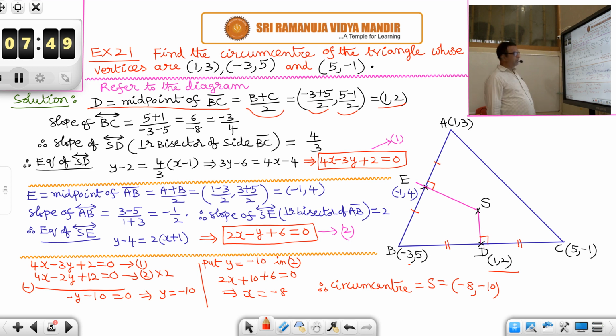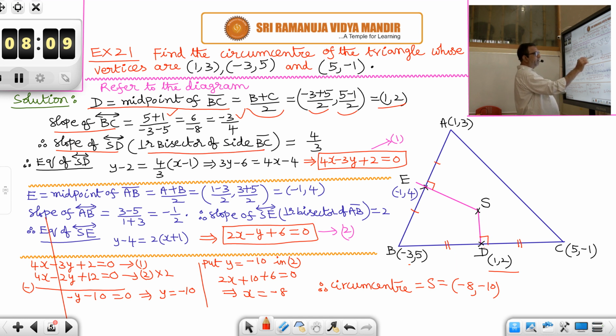Then let us find the slope of BC first, because our perpendicular bisector SD is perpendicular to BC. The slope of BC, difference of y coordinates by difference of x coordinates, is minus 3 by 4. So the slope of SD, the perpendicular bisector of the side BC, must be 4 by 3, because minus 3 by 4 and 4 by 3 have product minus 1.